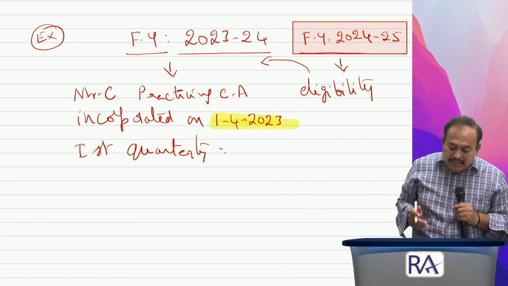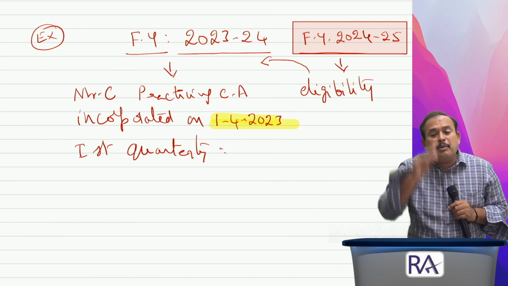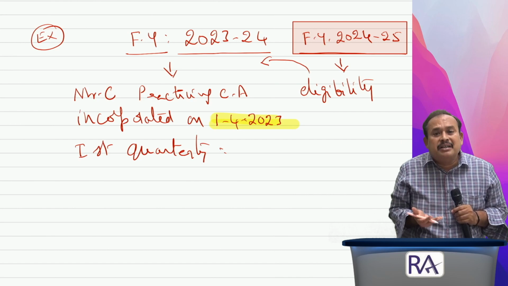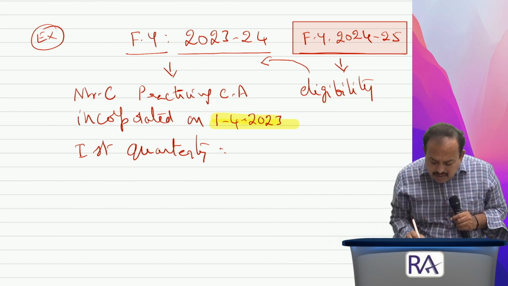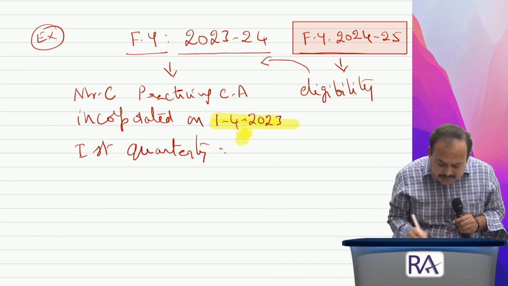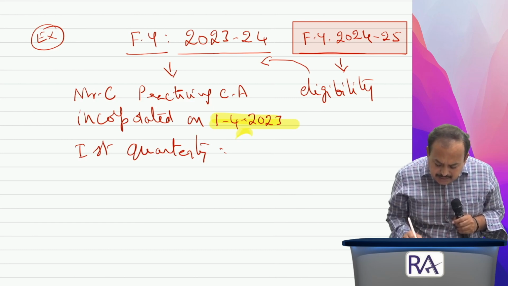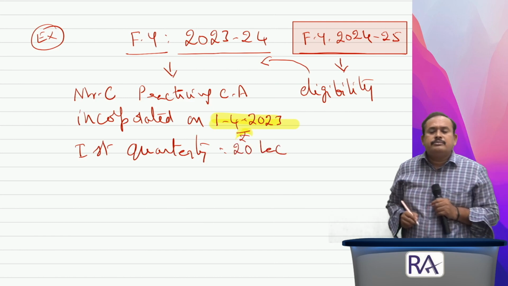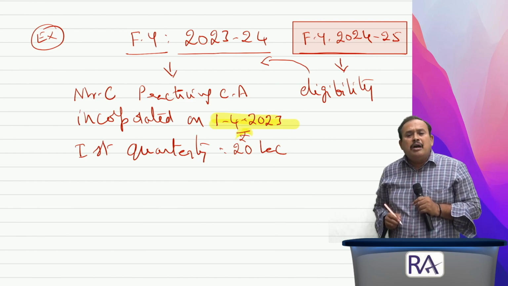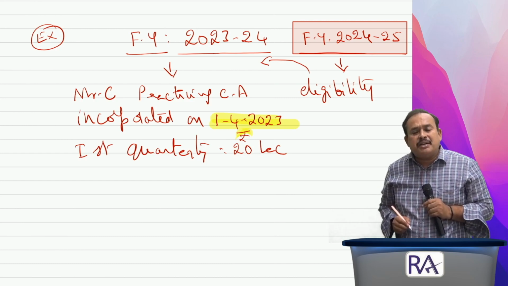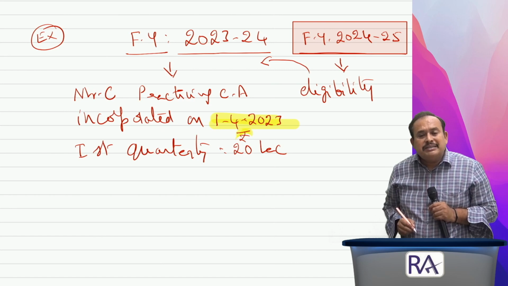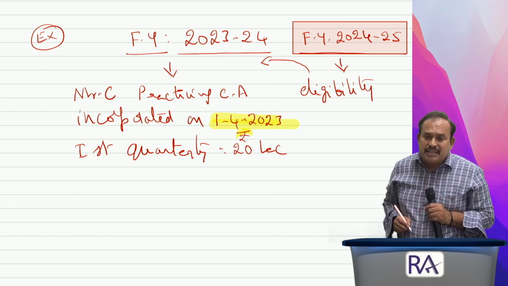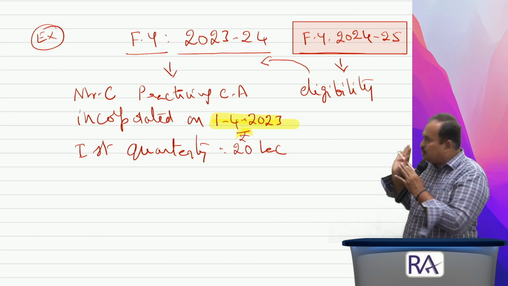So here, after the composition scheme, only then do I have to register. What is my turnover in the first quarter? Let us say my turnover in the first quarter here is 20 lakh. So for a service provider in the state of Tamil Nadu, the aggregate turnover threshold for registration is 20 lakhs. 20 lakhs only I got.